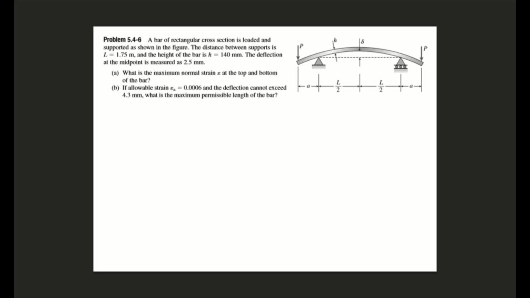Okay, so in the solutions, they give us this wonderful equation and then expect us to pretty much go from here and then link it back to our strain equation, which is this.